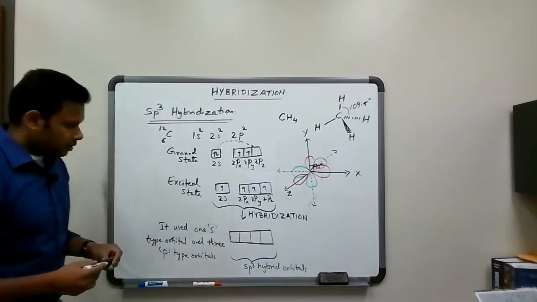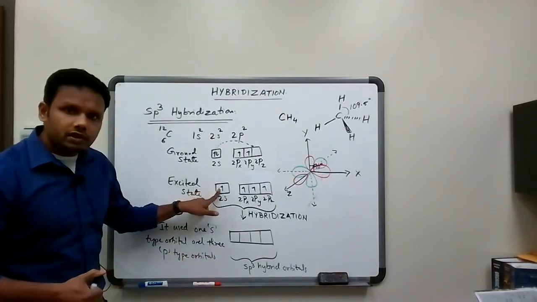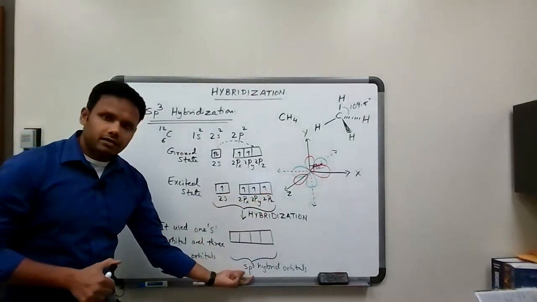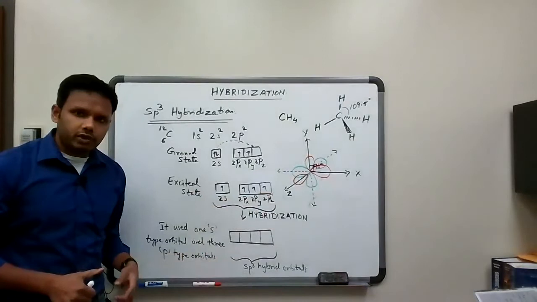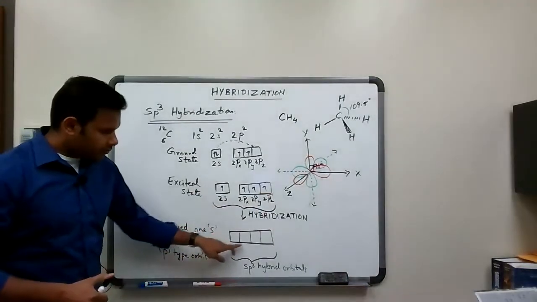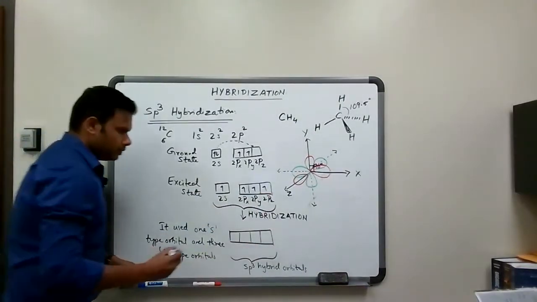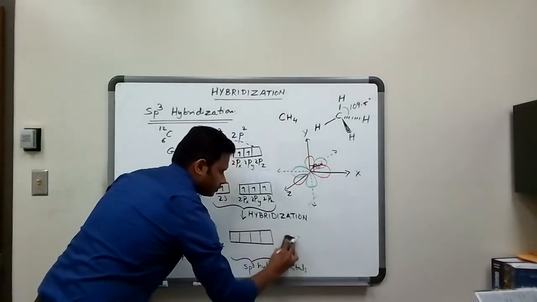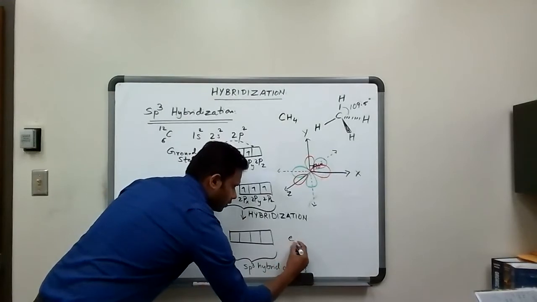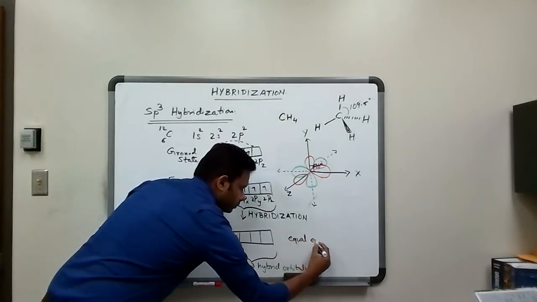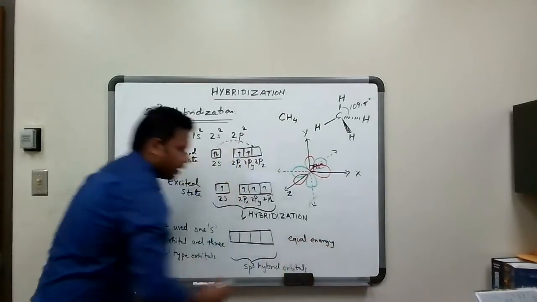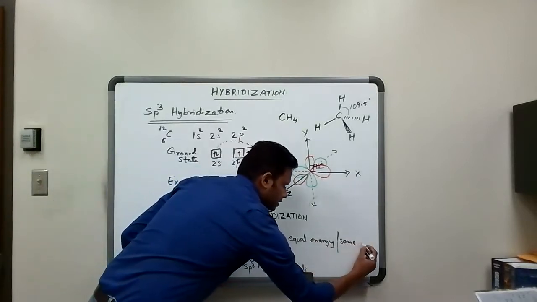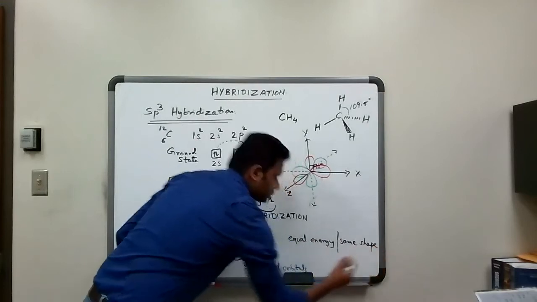So based on the number of s orbitals that were used and the number of p orbitals that were used, we get this name, sp3 hybrid orbitals. So now we have 4 orbitals, and these 4 orbitals are all of equal energy, and they have the same shape.